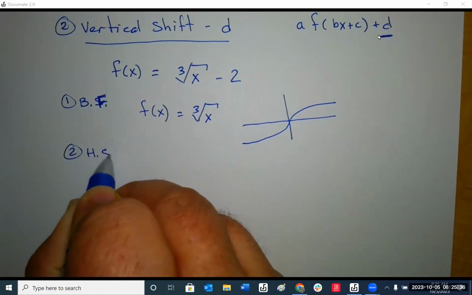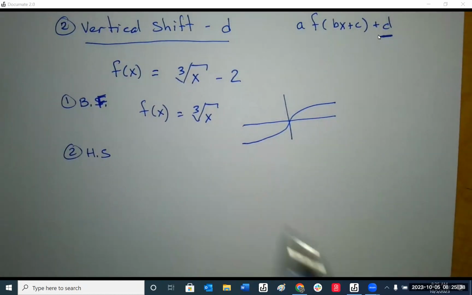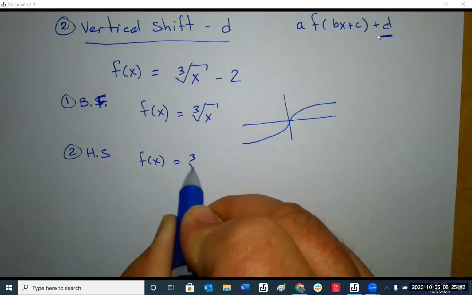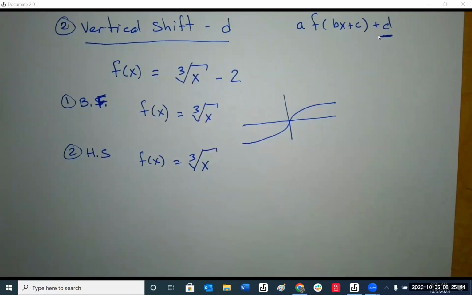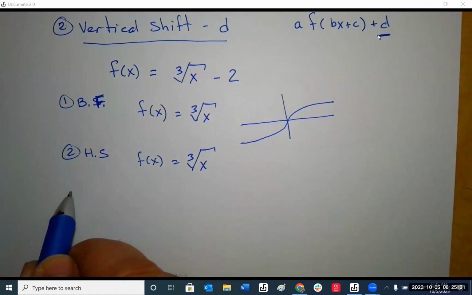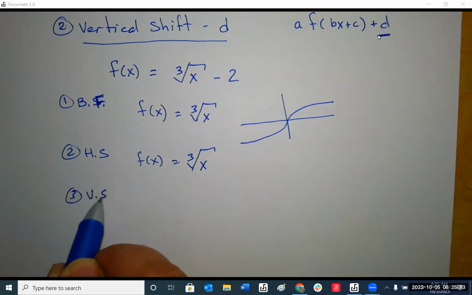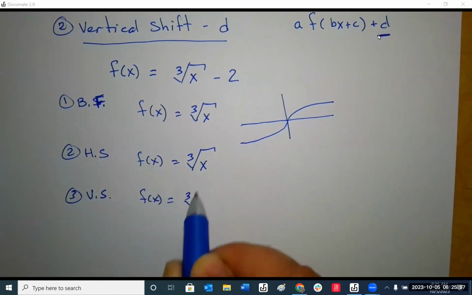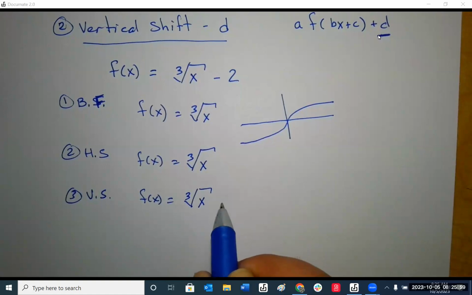Is there a horizontal shift in this function? In other words, inside the function, is there an x plus? There is none, so it stays where it is. Then we look at the vertical shift. Is there anything outside the function?